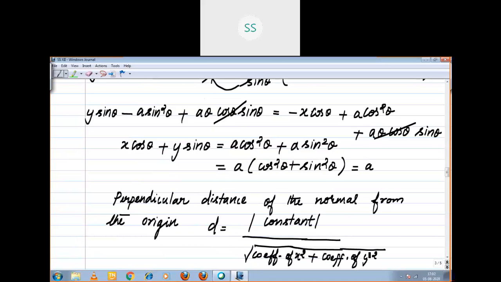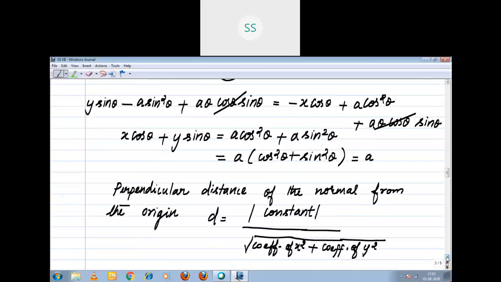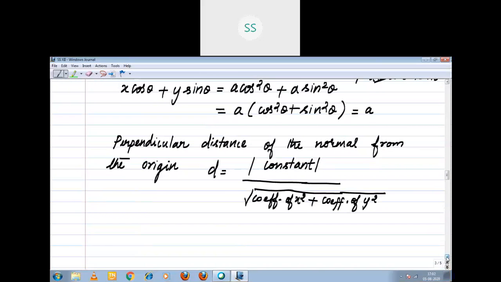See, again I tell you the formula. This one you already learnt in the 11th standard. d is equal to constant divided by root of coefficient of x square plus coefficient of y square. Here, the coefficient of x is cos theta, and the coefficient of y is sin theta.